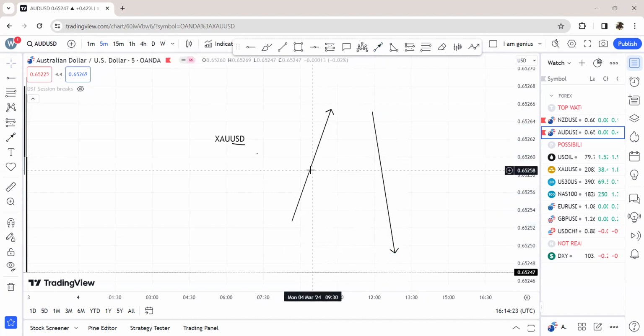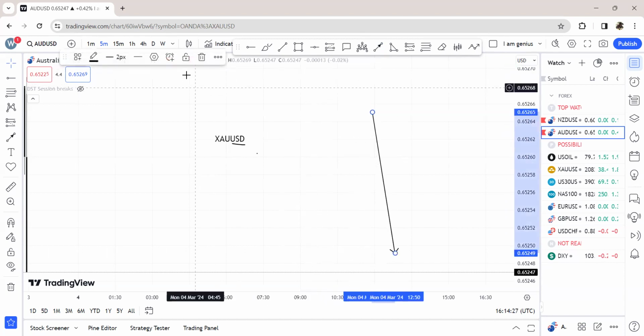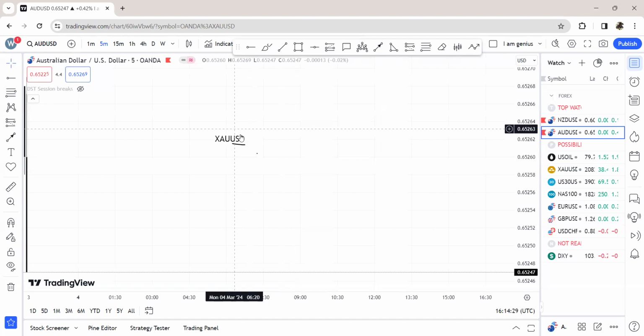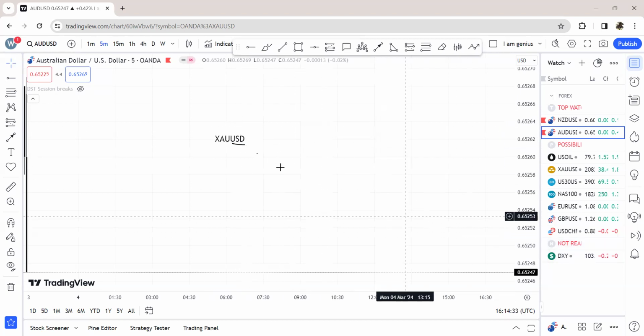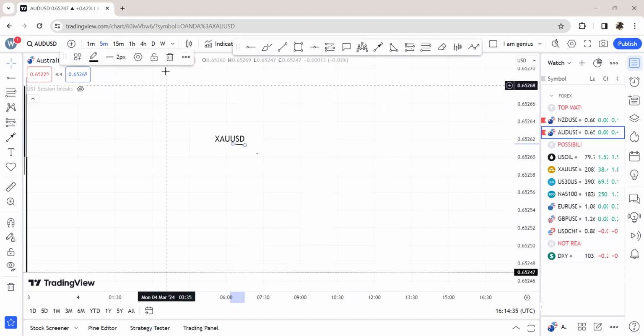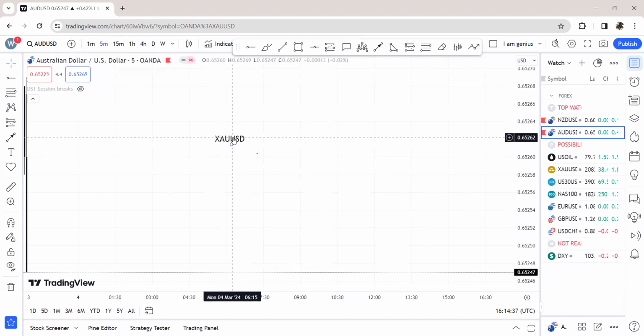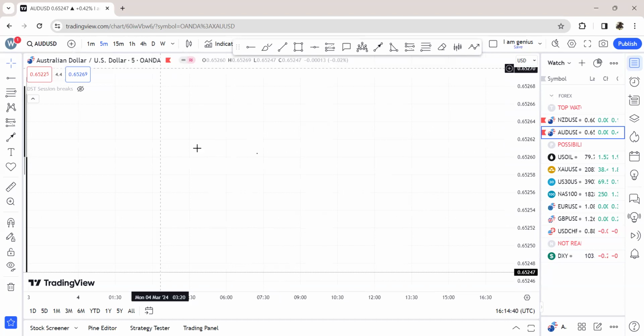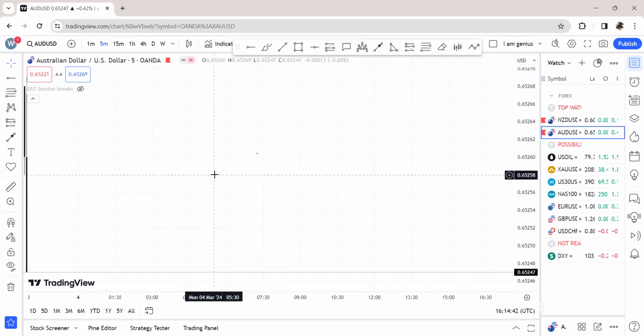But in this case, since it's the quote, not the base, we expect it to be moving in the opposite direction as the DXY. So we can just prove that. The DXY and gold move in opposite directions.